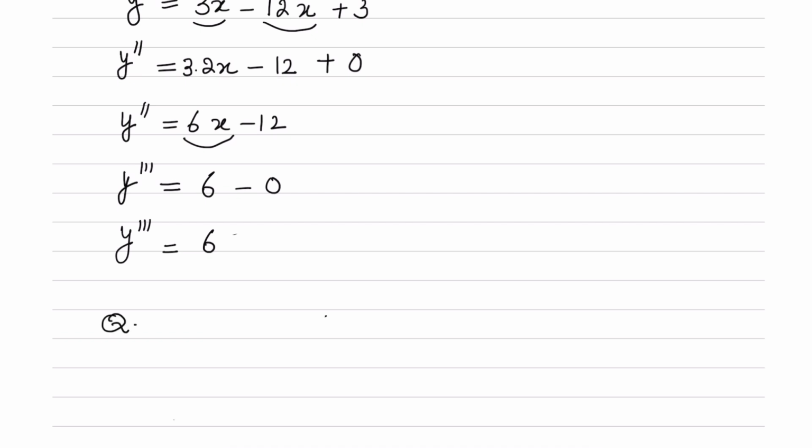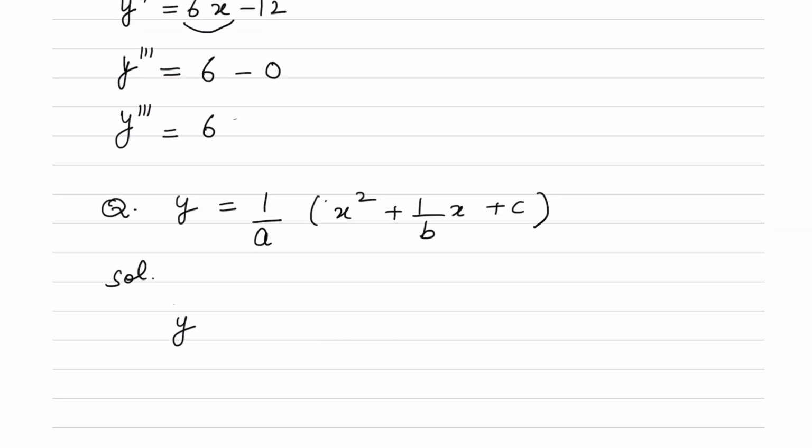Let's find the derivative of the expression 1 over a x square plus 1 over b x plus c. The derivative is denoted as y dash. Now 1 over a is a constant, so we will keep it on the side.